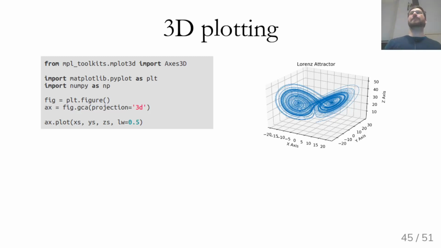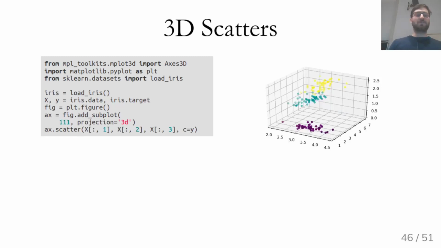Generally, I find 3D things not as useful. If you don't have the interactivity, they're pretty useless, because a 3D scatter plot without interactivity is just a 2D scatter plot with a weird projection that the UI chose for you. If you have the interactivity, you can spin it around and see different angles, which might be good for exploration.